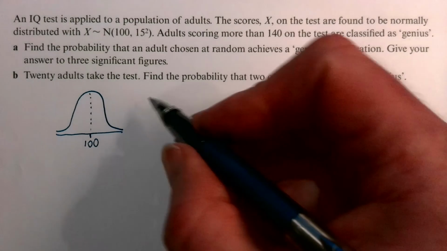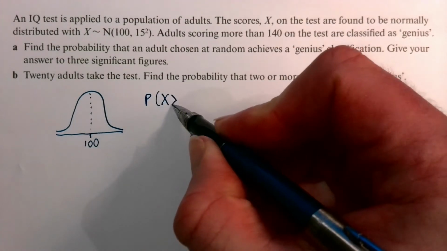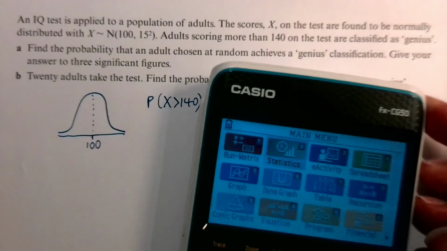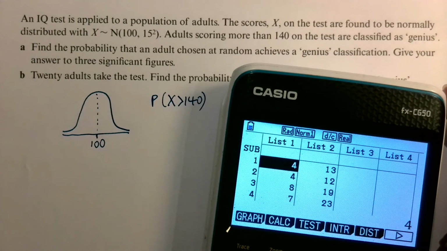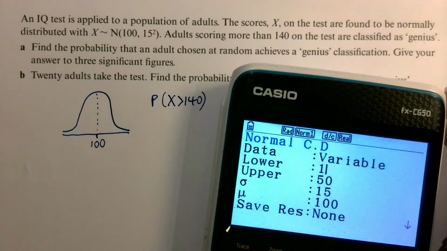So we are looking at the probability that x is bigger than 140, and in order to work that out we just need to pop along to statistics mode and distribution, normal, NCD. Our lowest value possible is going to be 140. Our highest, well, put in 1,000.